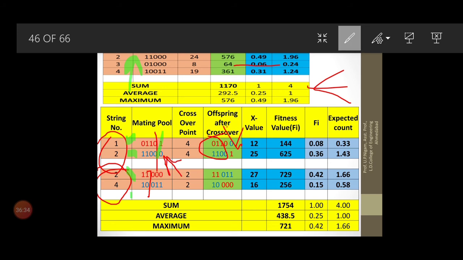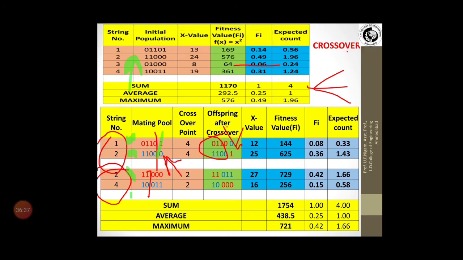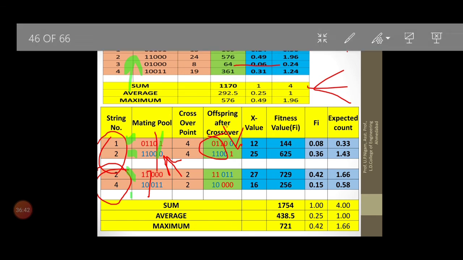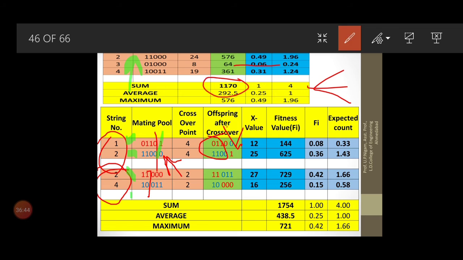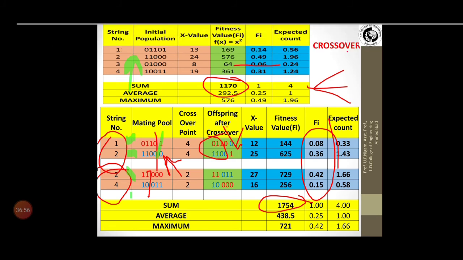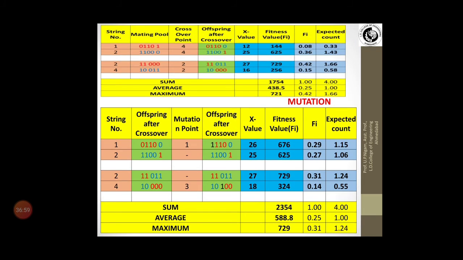In such a way the crossover has been done and the particular values are found. In the previous table the sum is 1170, in the next table it is 1445, and the fitness values will change. Whatever the changes, we will do the mutation in another table.